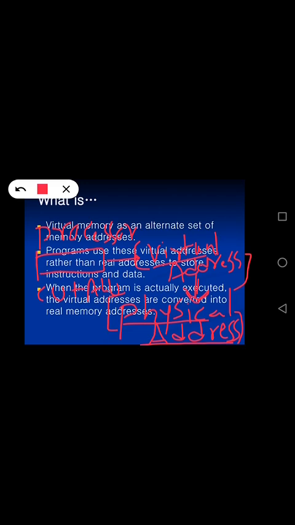So the programmer may issue a very large address, which is called a virtual address, but this address has to be converted into a physical address, because after all, the instruction is being stored in physical memory.